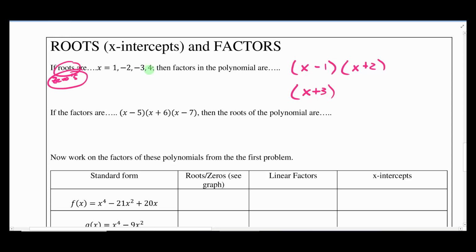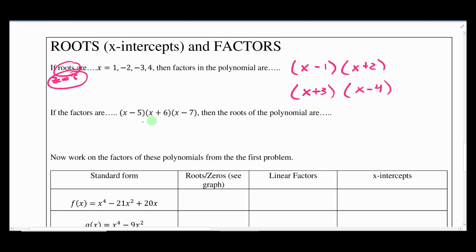And if I have a 0 of positive 4, that means I'm going to have a factor of x minus 4. They call these specifically linear factors. So make sure you recognize that this is a linear factor. A linear factor has an x in it.